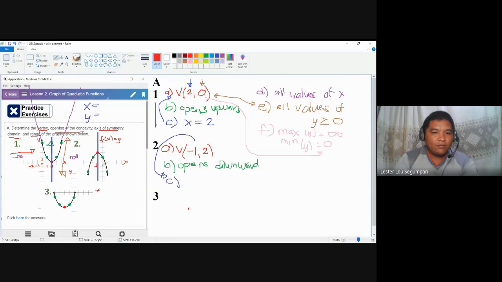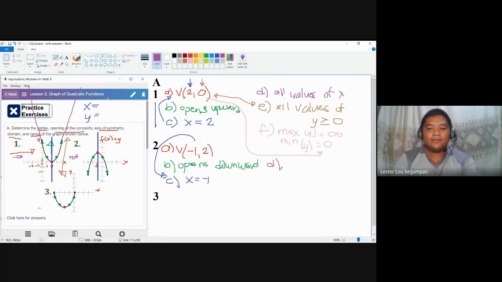X is negative 1. That's why x is equal to negative 1, as mentioned by the vertex. You will actually value the first two videos on transforming into vertex form just to get the vertex, because the vertex will somehow tell us all the values.